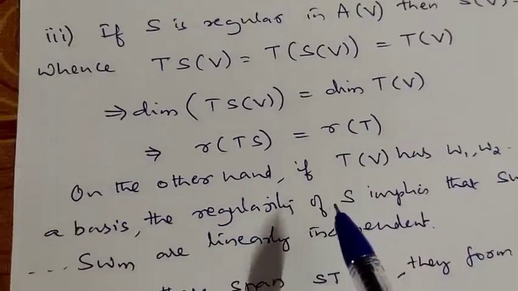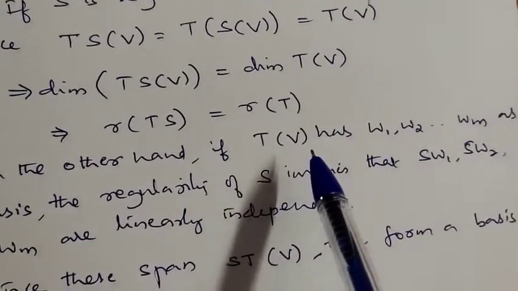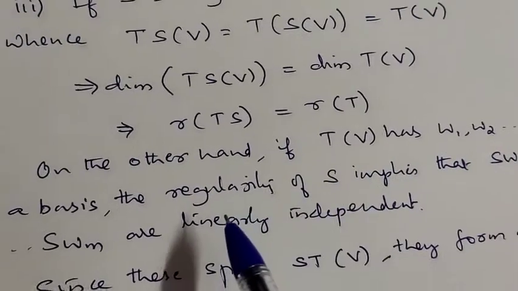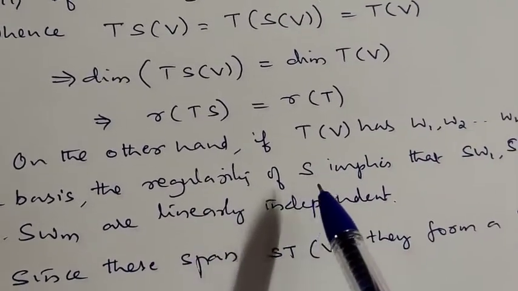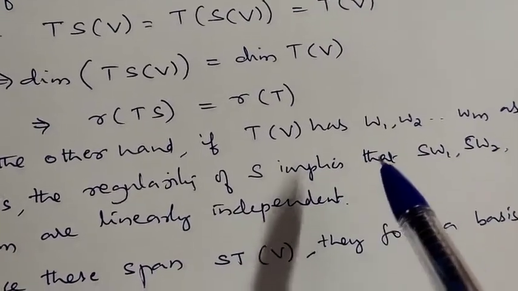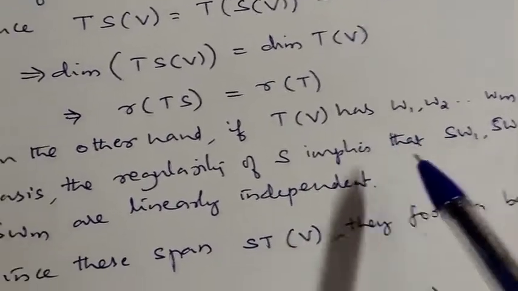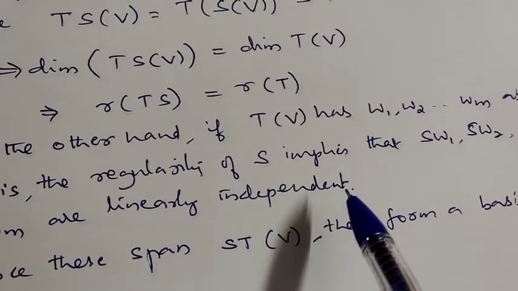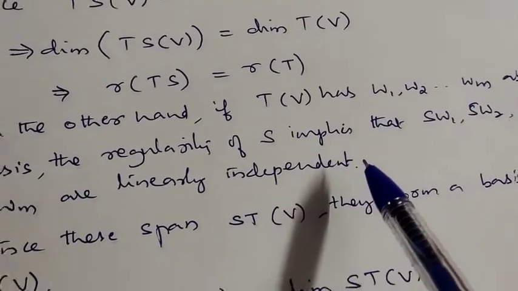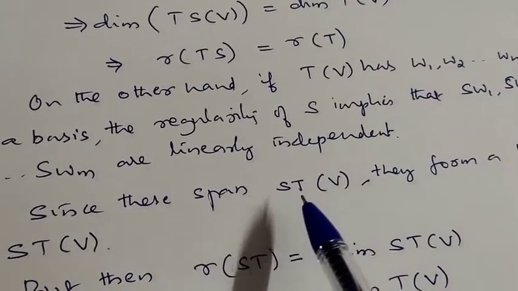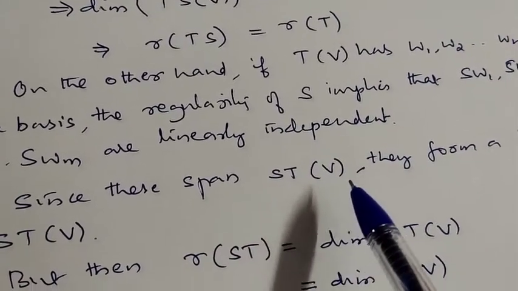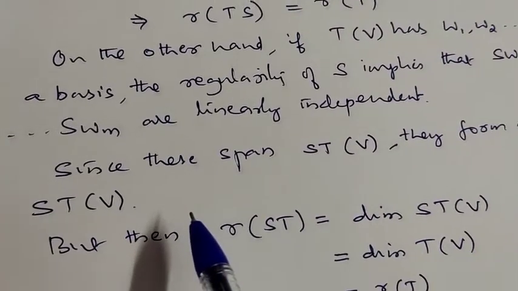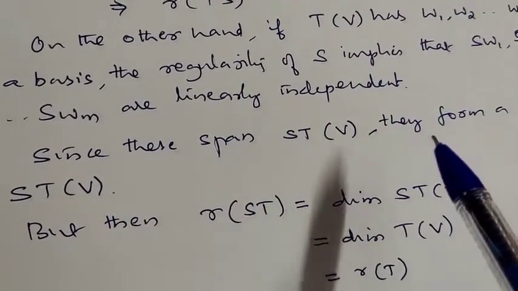Okay. On the other hand, if T of V has W1, W2, etc. Wm as basis, then the regularity of S implies what? S of W1, S of W2, etc. S of Wm are linearly independent. Okay, they are linearly independent. Since these are spanning S into T of V, therefore they form a basis of S into T of V. They form a basis of S into T of V means what?